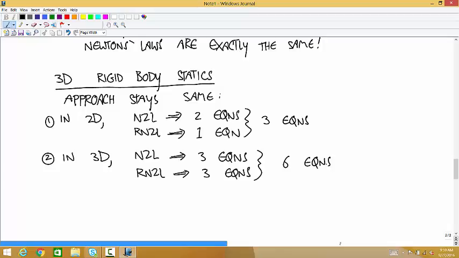So in 2D, how many variables can you solve for? 3. How many variables can you solve for in 3D? 6. Yep, exactly. Is it much harder? The thing that is harder about it is dealing with the joints. And so I'm going to go through a list of the joints the same way I did with 2D, and maybe these things will help visualize them a little bit.